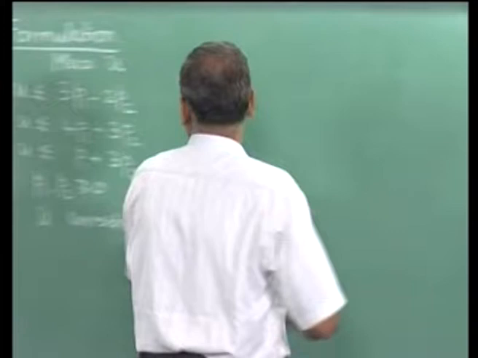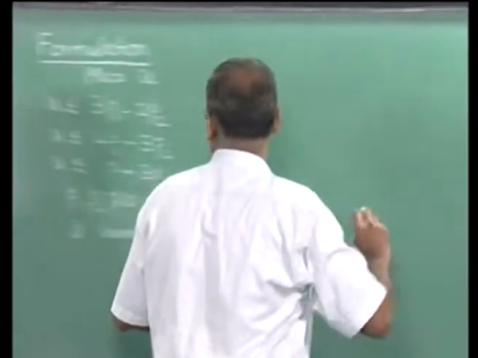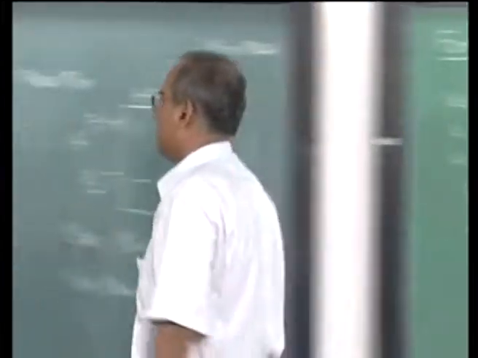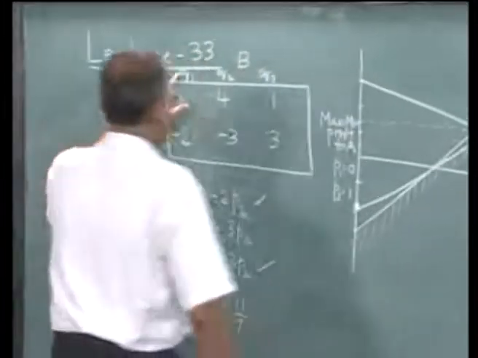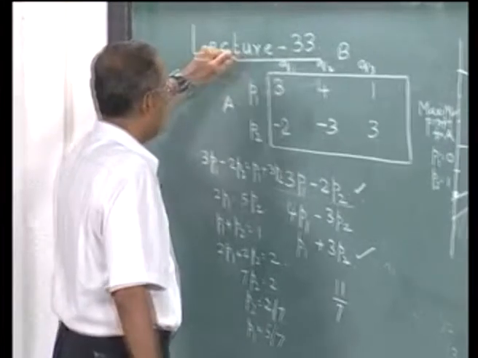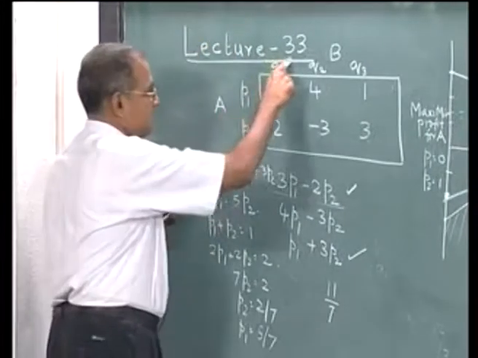Let us also write B's game somewhere else. So, B would say that if B plays this consistently, then B's loss will be as follows.